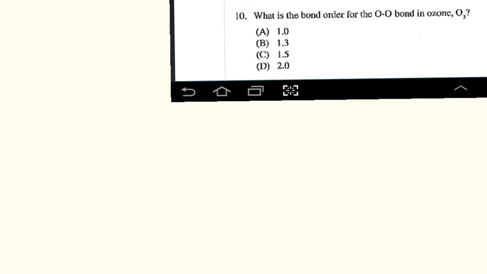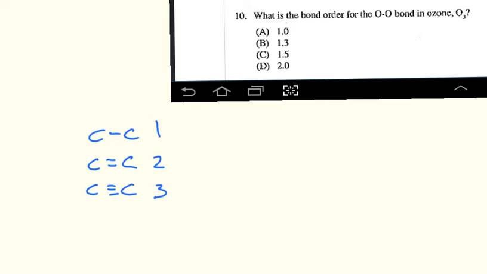And then number 10, they want to know what the bond order for the OO bond is in ozone. Remember, the bond order is kind of a simple idea. If we had, say, that versus this versus that, this really is a bond order of 3, this is a bond order of 2, and this is a bond order of 1.